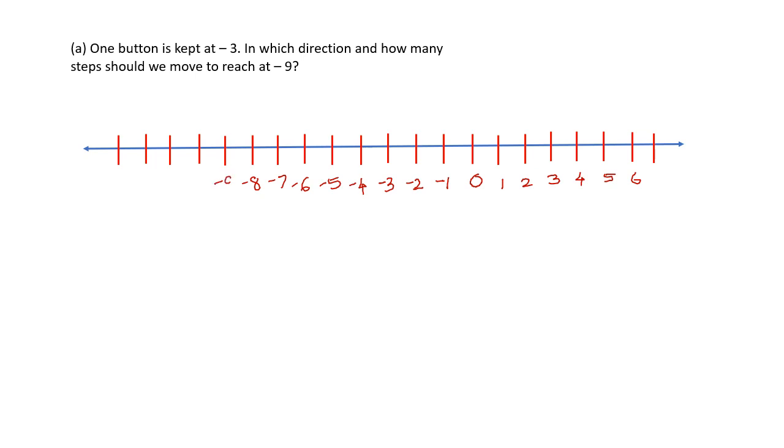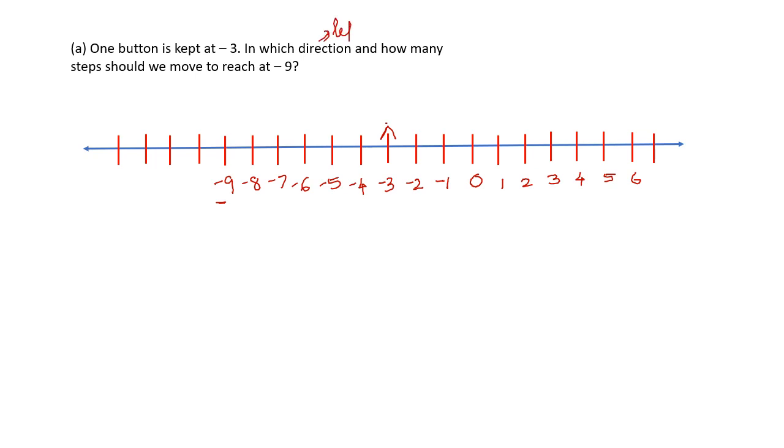That is the question. So we have here -3. We are in this position -3. Now in which direction should we move to reach -9? We are starting from -3. We have to reach negative, so the direction should be left.